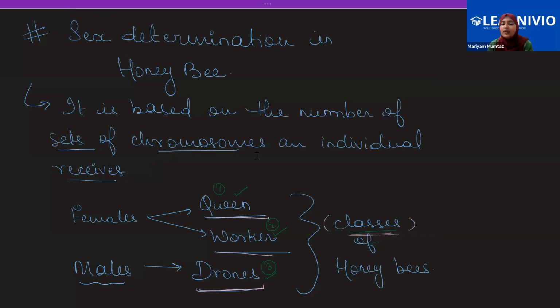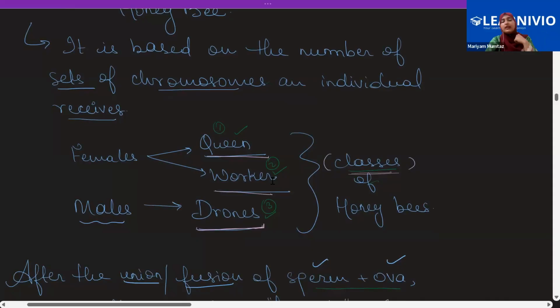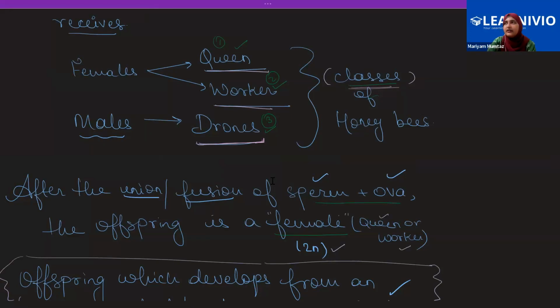For example, if it is a female, firstly, we will learn about the different classes of honeybees. There are three different classes of honeybees: queen, worker, and drones. Queens are the females, the workers are the females, and the drones are the male. These are the classes of honeybees. Classes of honeybees means the different types that are found.